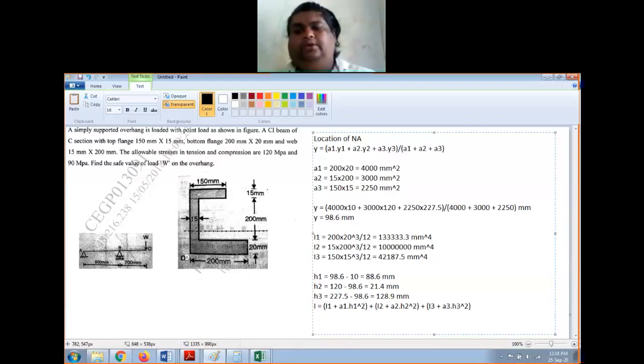So this will give me the total moment of inertia of this cross section about the neutral axis.